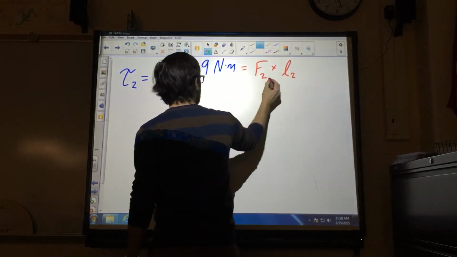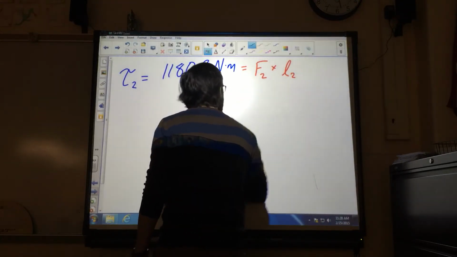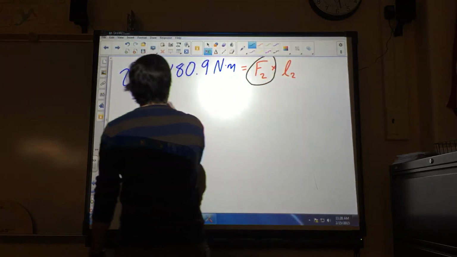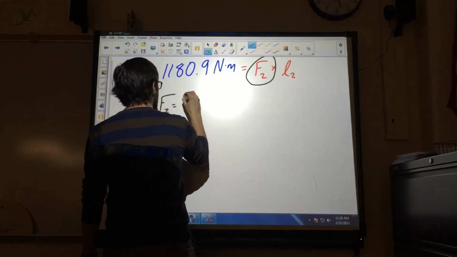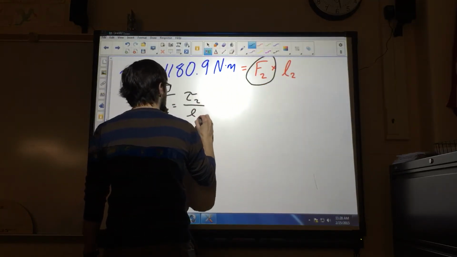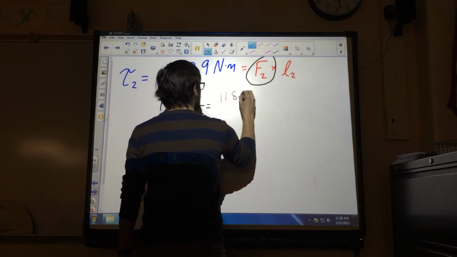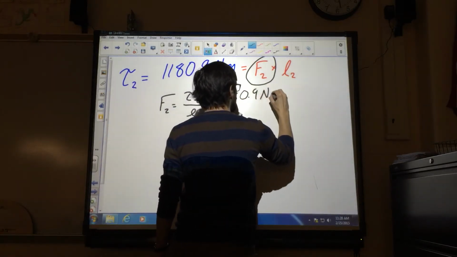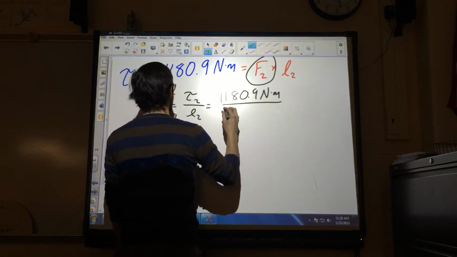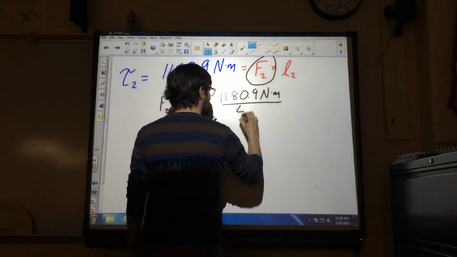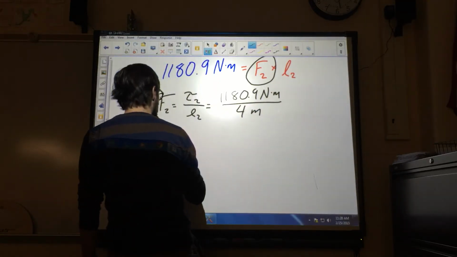So what we don't know is that. F2 is going to equal torque 2 divided by L2, or 1180.9 Newton meters divided by our length 2, which is 4 meters.